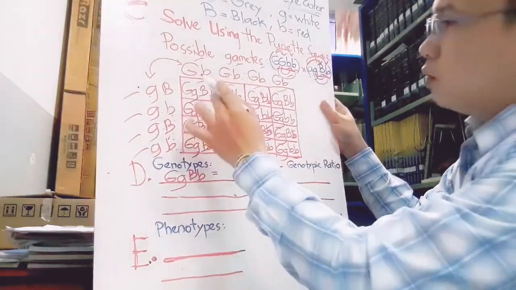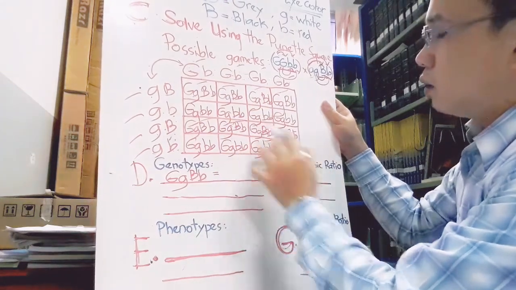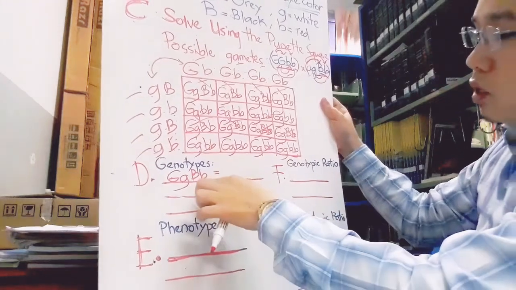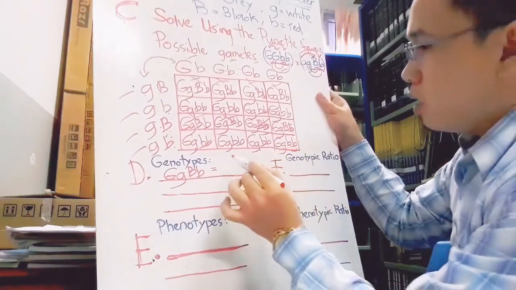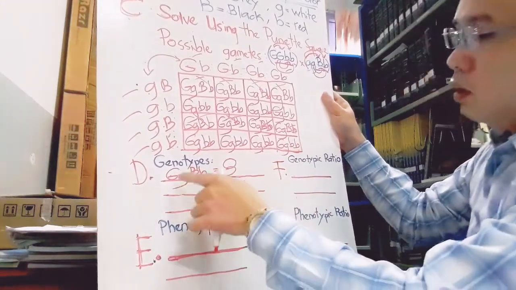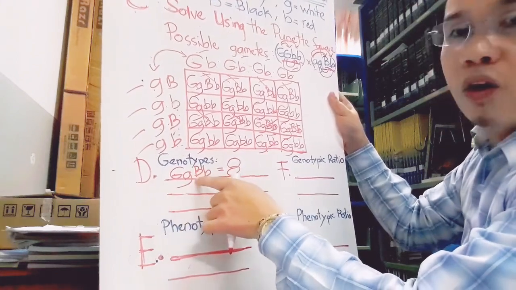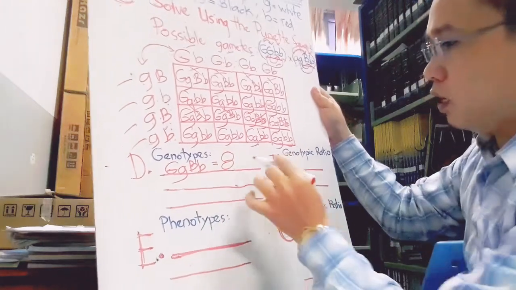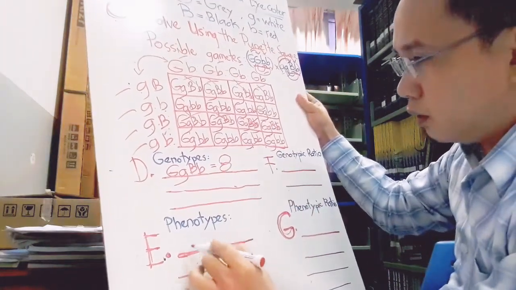There it is. So 1, 2, 3, 4, 5, 6, 7, 8. Okay, that was great. So we found out that there are 8 heterozygous gray, or hybrid gray, and heterozygous, or hybrid, black.